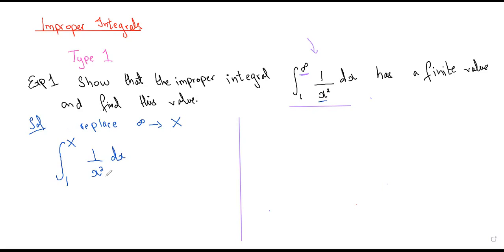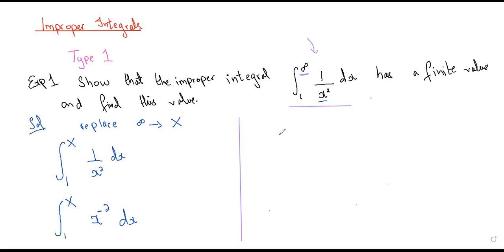This is the first step. Step 2 is to integrate it. In order to integrate it, I need to simplify the function, that is, I need to have the x in the numerator just so I can integrate it easily.